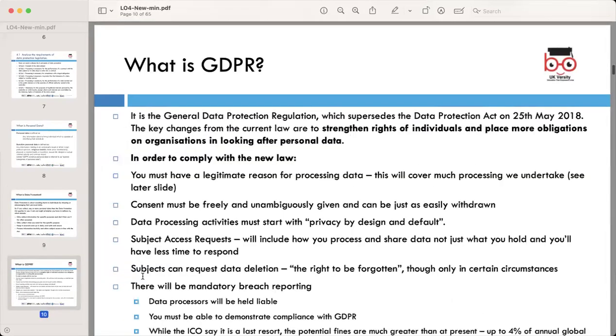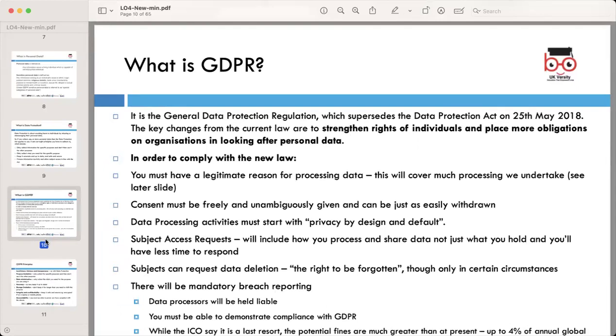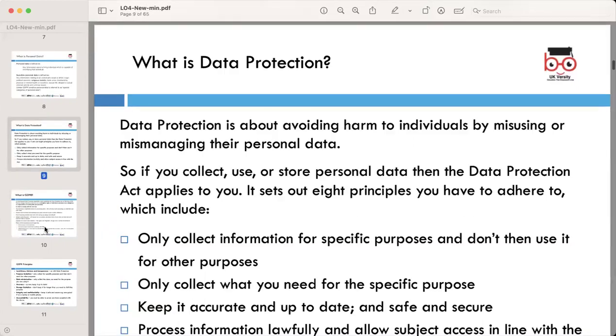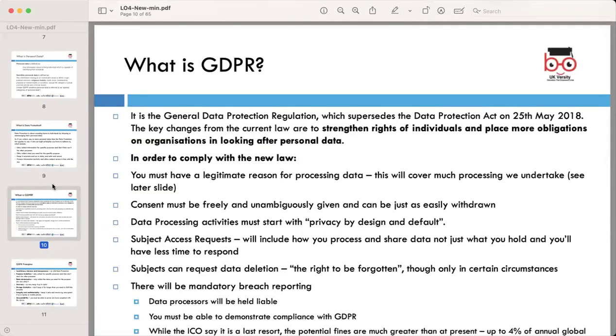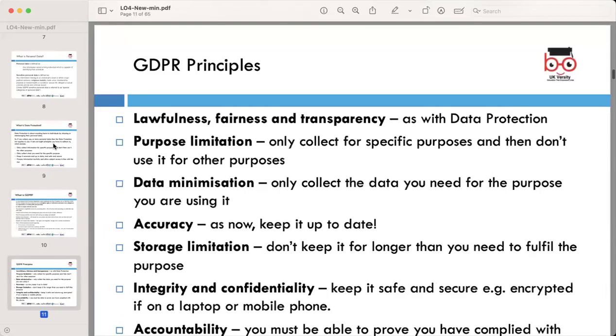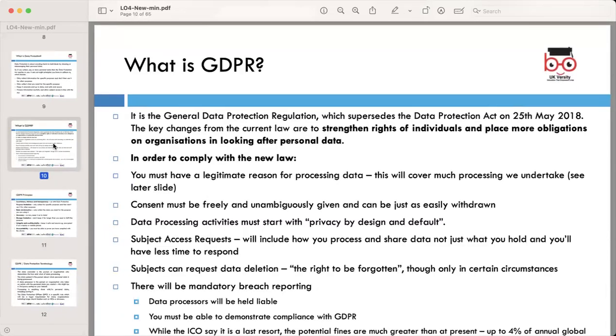So, collect and use personal data only for a specific purpose, and don't then use it for any other purpose.